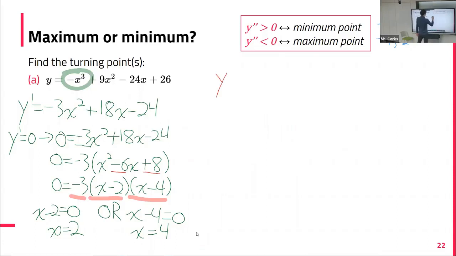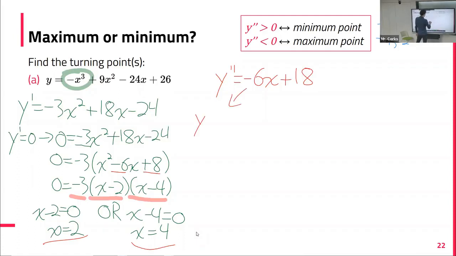So mostly done. Second derivative is what? Negative 6x plus 18. Okay, so in the previous examples, we had just a number, but now we have this function. So what are we going to do? The x values that we got here, x equals 2 and x equals 4, we are going to sub both of those into this separately.